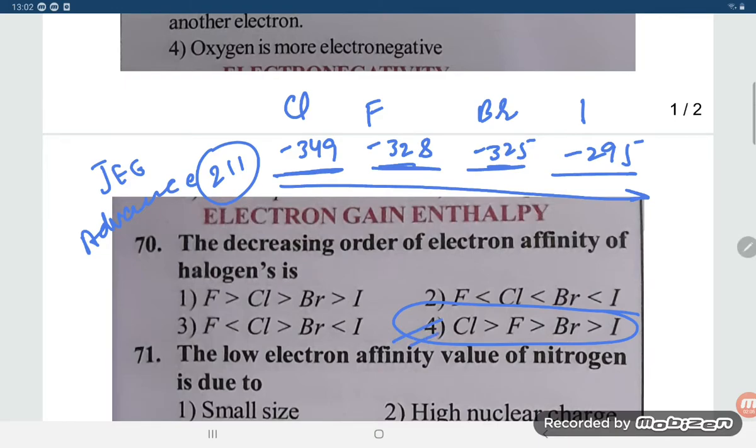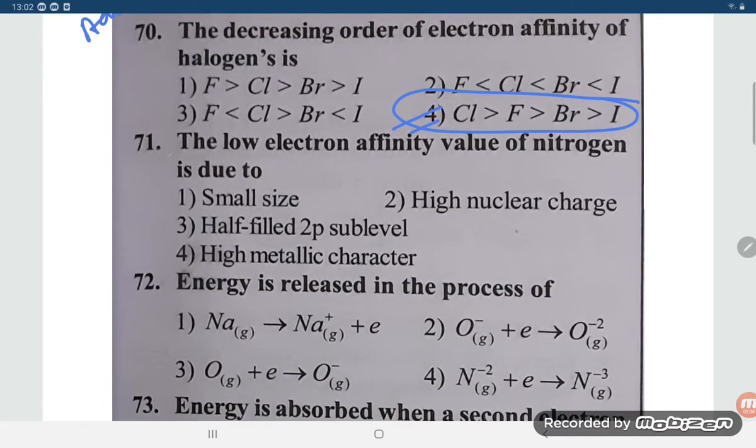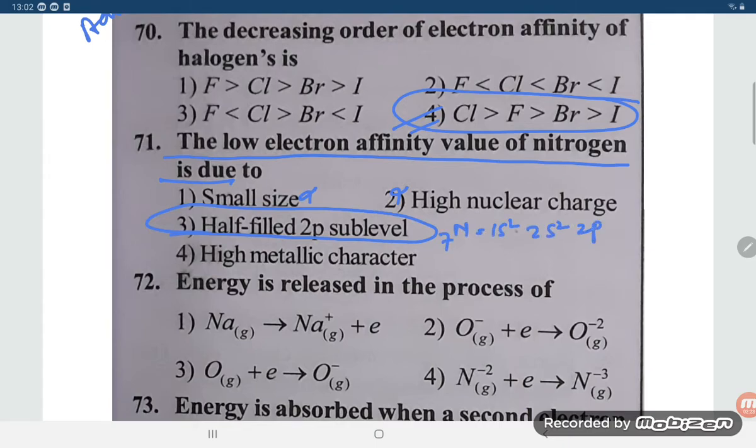Now let us move to the next problem. The low electron affinity value of nitrogen is due to: small size, no; higher nuclear charge, no; half filled 2p subshell. This third option is correct. Nitrogen has atomic number 7, configuration 1s2 2s2 2p3, a completely half filled subshell, which is a stable configuration.